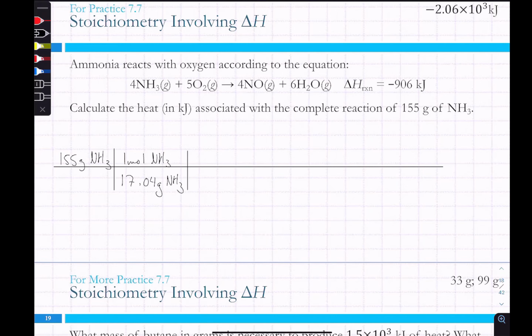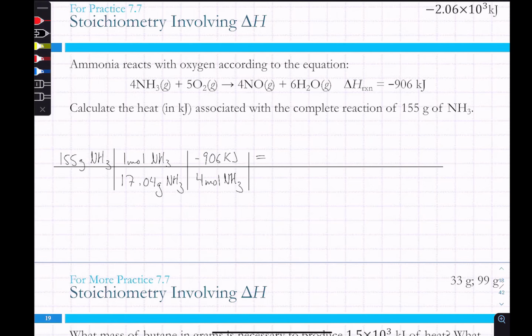There we go. Now what? Bingo. Negative 906 kilojoules on top. That's all there is to it.